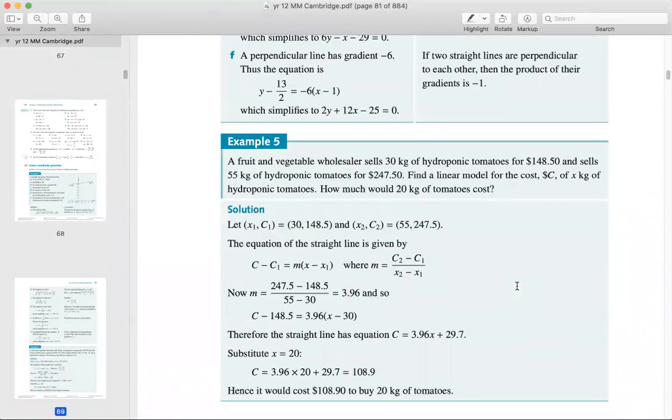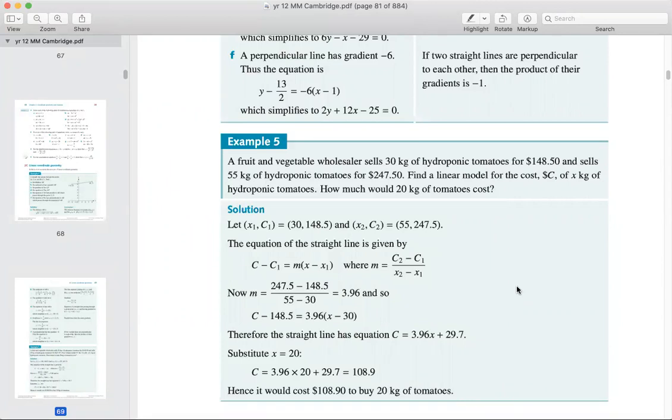So the next part is, again, you need to use the information to solve the linear equations, right? So we got 2 points. We got 30 kilograms, then it was $148.50. Then again, if you buy 55, it was $247.50.